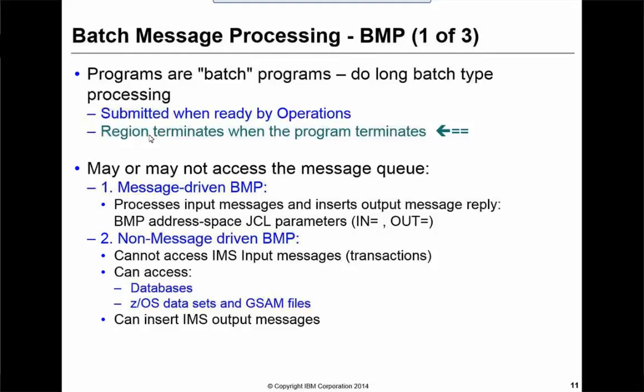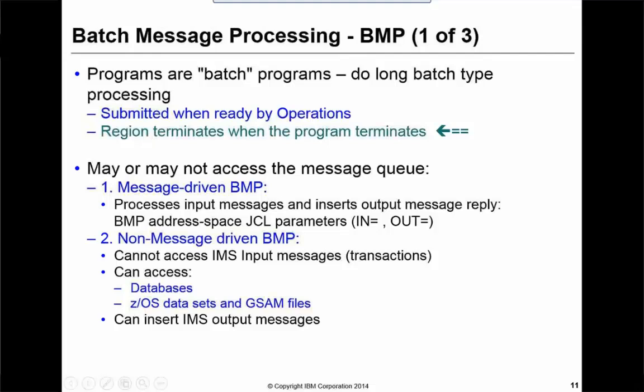If you recall, with MPRs, when a program terminates, the MPR turns around to the control region and says, hey, control region, that program finished. I'm available to process another transaction. Tell me what other program to bring in to process another transaction. With BMPs, it's different. You submit the JCL, you specify the name of the program, that program executes, it does its work, and then that program goes away and the region goes away too, right?